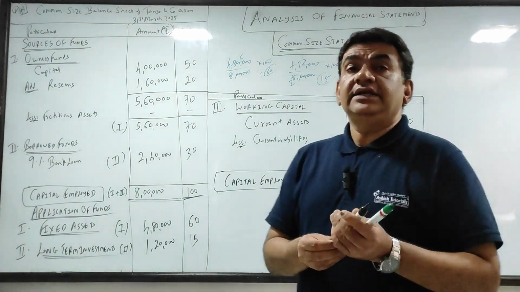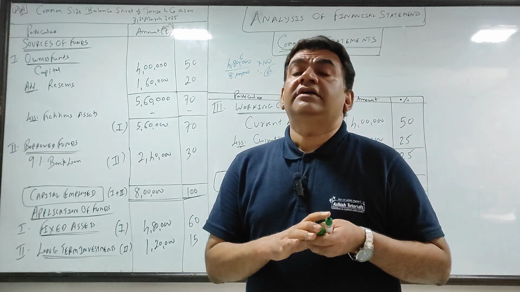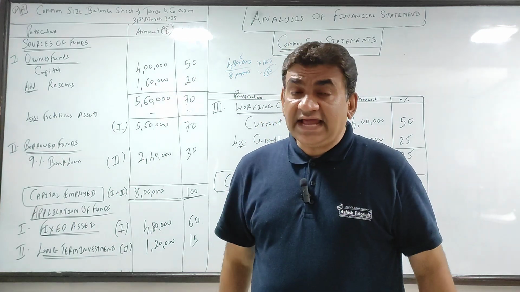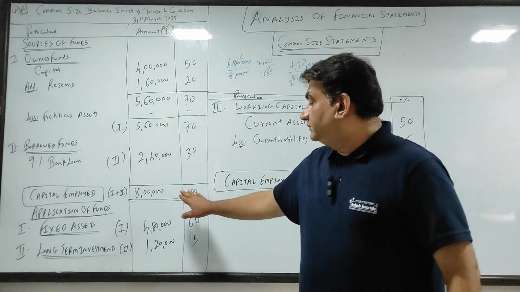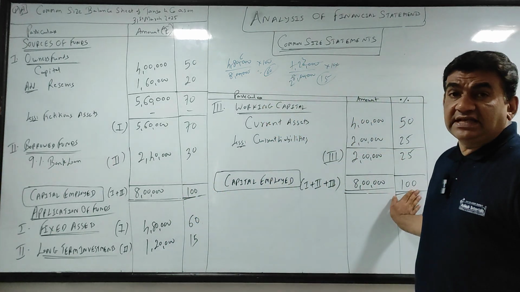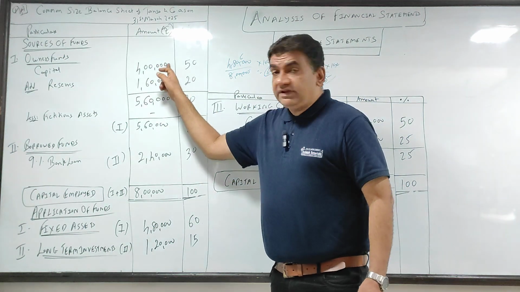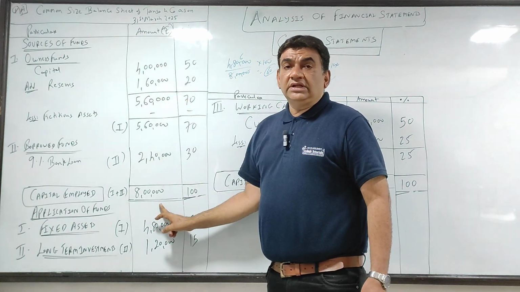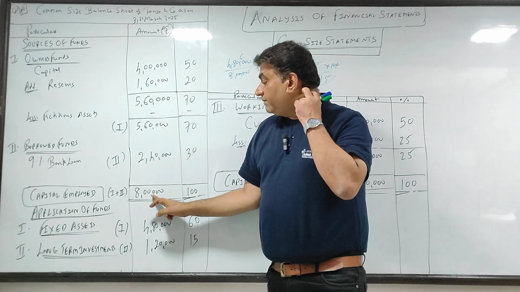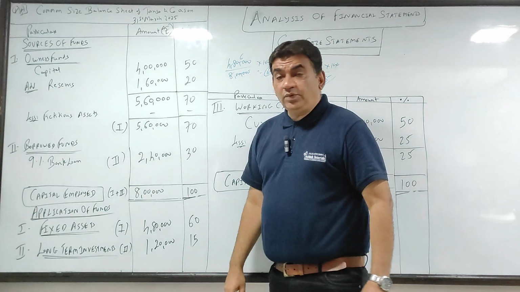So I'll repeat. When you're doing a common size balance sheet, the income statement will come in sometime. First convert the entire balance sheet. Get your capital employed. Make capital employed at both places 100. Write 100 in percentage. Then you do each and every amount divided by the total into 100. 4 lakh divide by 8 lakh into 100. 160 divide by 8 lakh into 100. 560, 560, 240 divide by 8 lakh into 100.